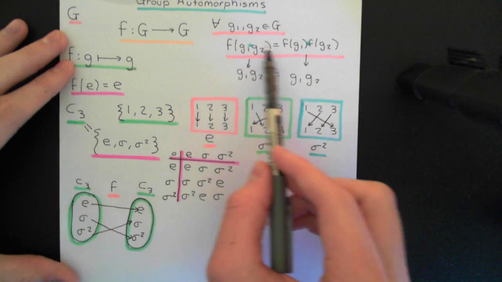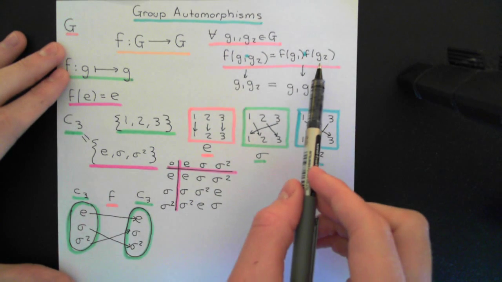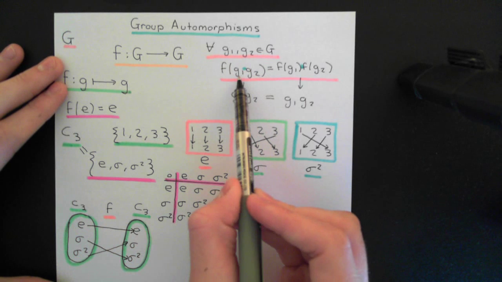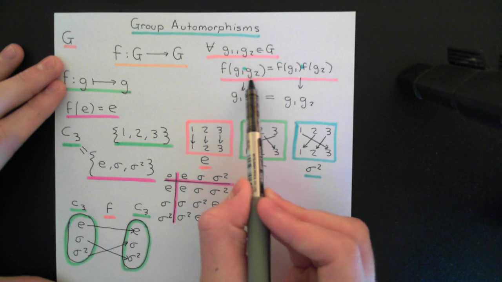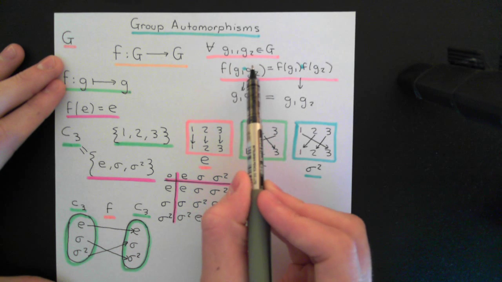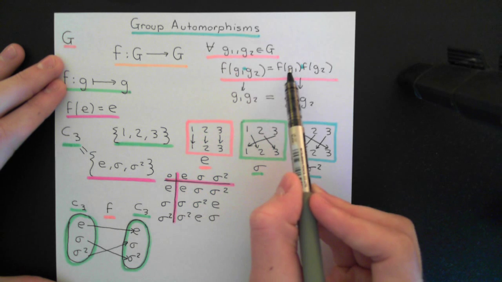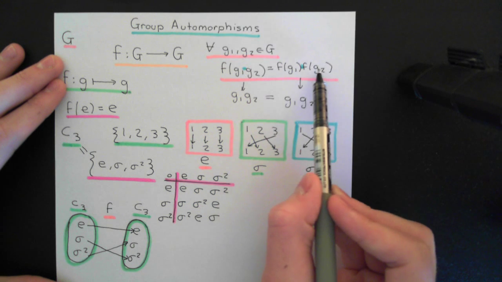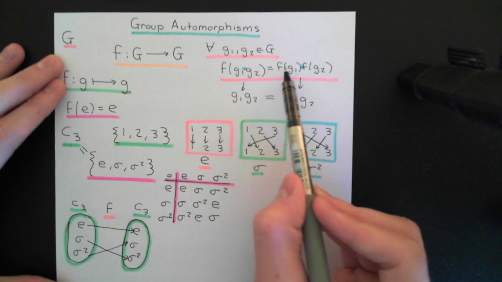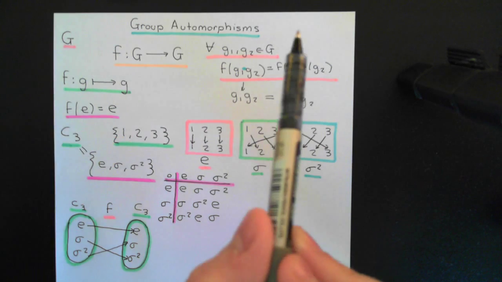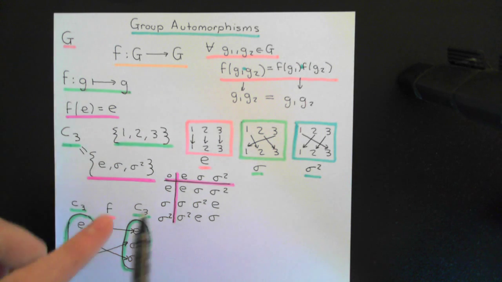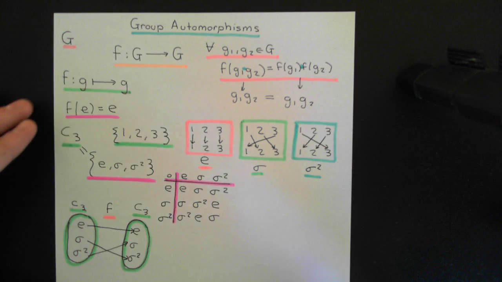It's saying that if you compose them together in the original composition table and then relabel, it's the same as if you firstly relabel them and then compose them together. That's capturing the fact that when you relabel this composition table, you get the same thing back again.